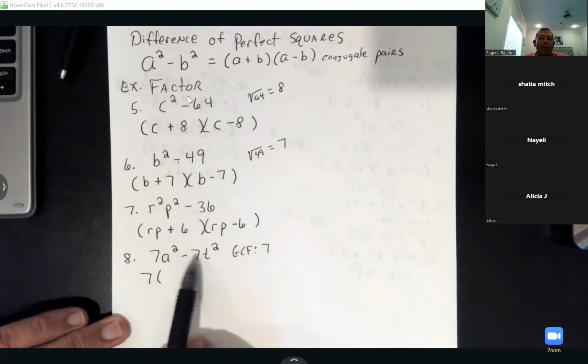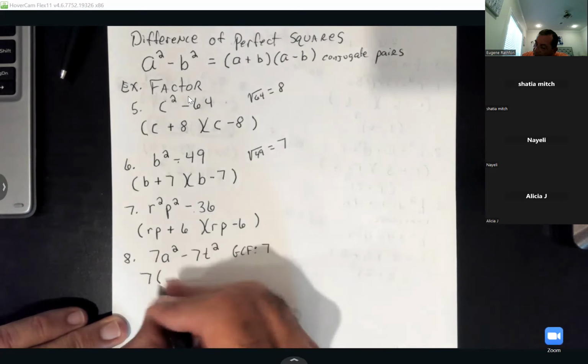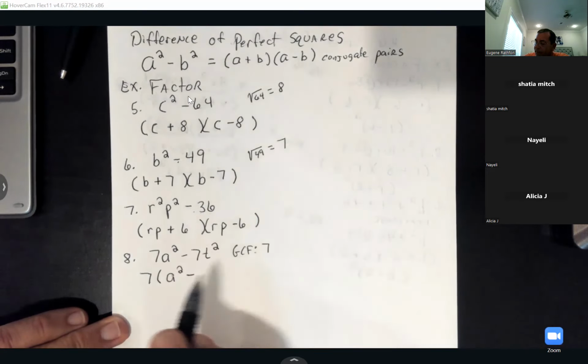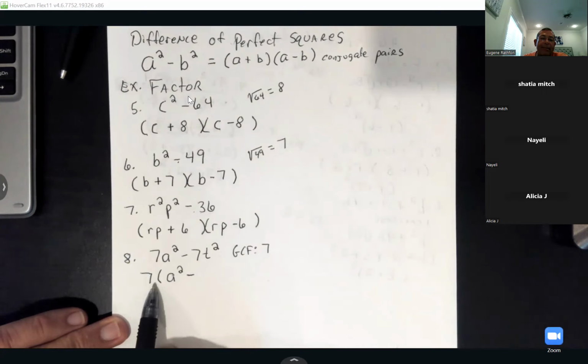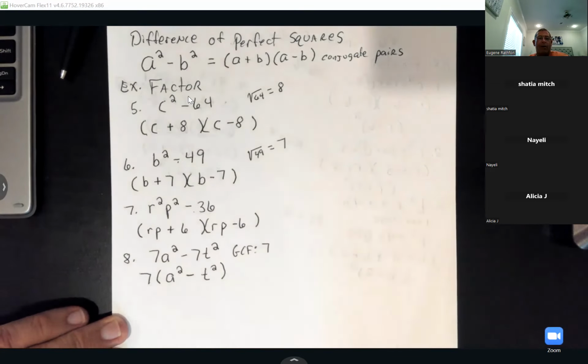So basically take both of these, divide by the 7, and what's left we'll put in here. The 7a squared, if you divide by 7, the 7's cancel, and you're left with an a squared minus, if you take the 7t squared, divide by the 7, those 7's cancel, and you're left with the t squared.